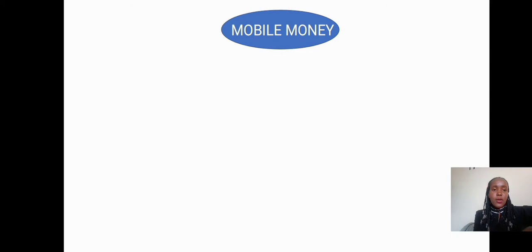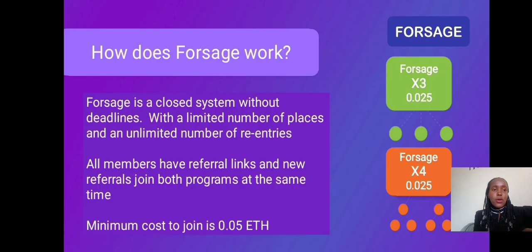Now Forsage works the same way as a company like Safaricom. How does it work? With these platforms, the Forsage X3 and the Forsage X4, we can call the Forsage X3 the agent program, and the X4 the investor program.